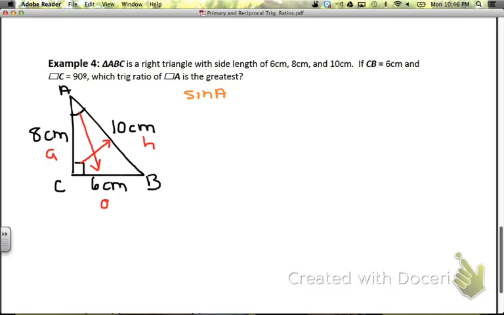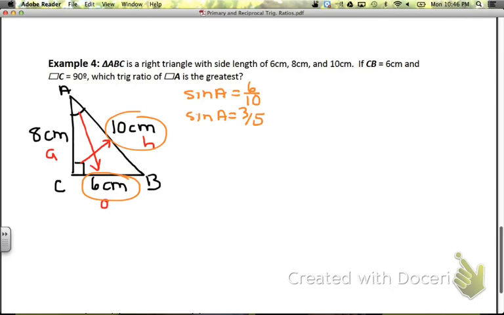Sine A is equal to our opposite over our hypotenuse, so that would be 6 over 10. But I can reduce that, so sine A would be equal to 3/5. I'm going to reduce each of them as I put them in the ratios.